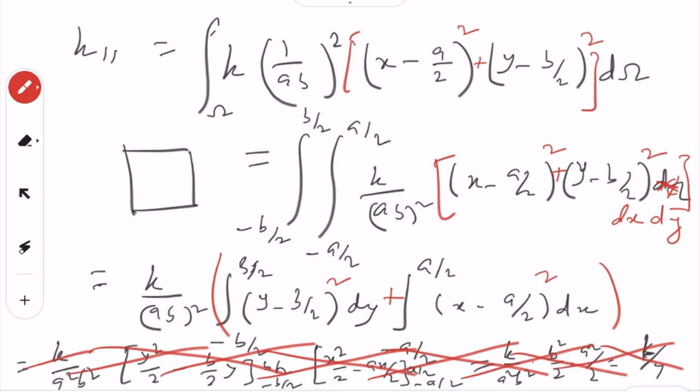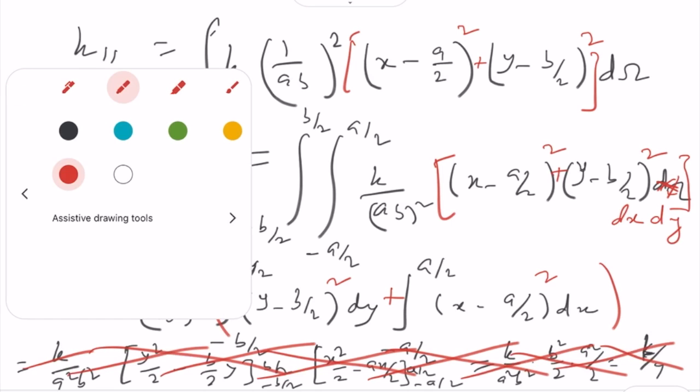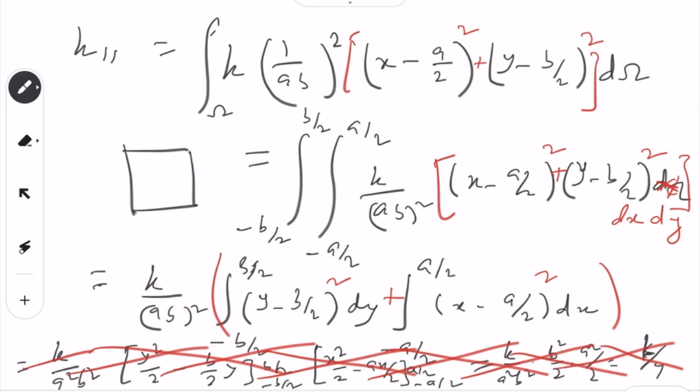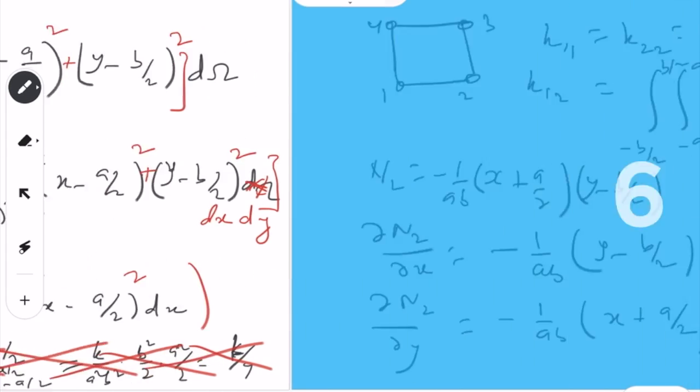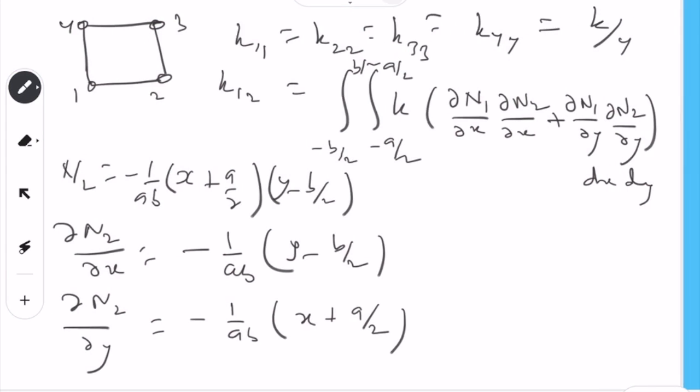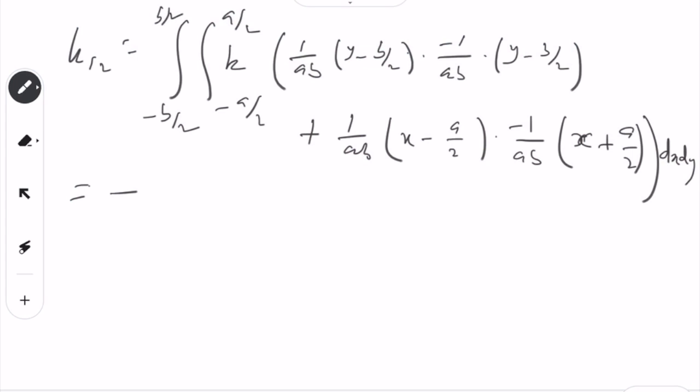Okay, sorry about that. But this also means that you have to be careful, basically. You may make mistakes. So here we have minus 1 over k over ab, a square b square.